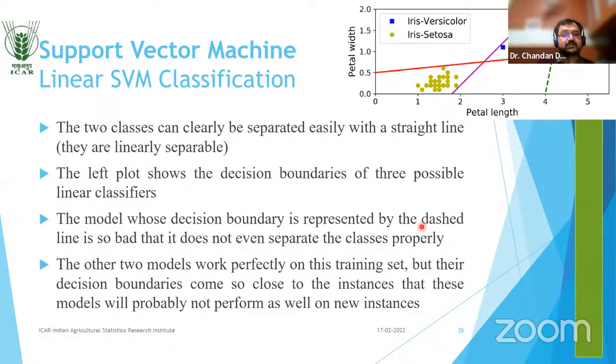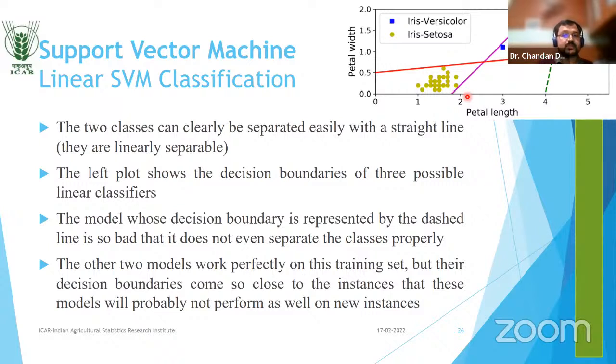But the two other classifiers try to classify the blue and the yellow objects, but these are not good at all, because of the boundary.